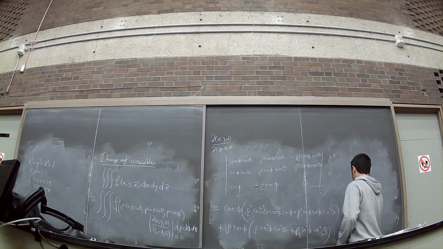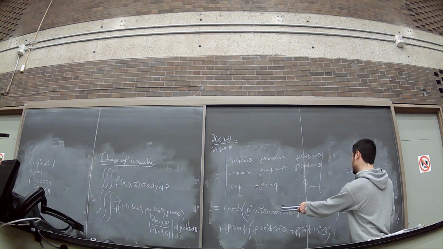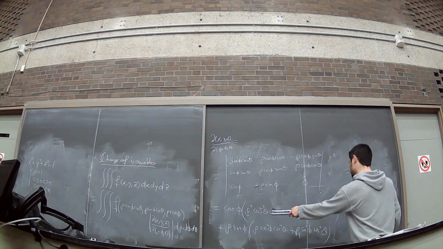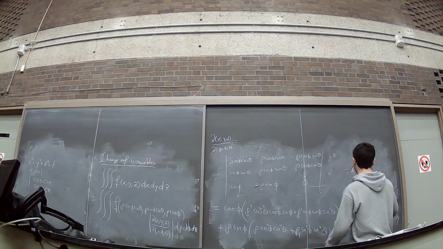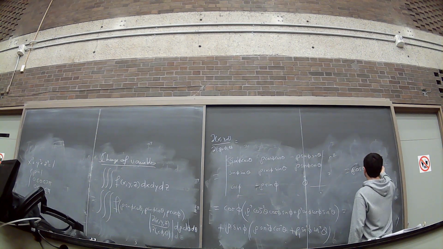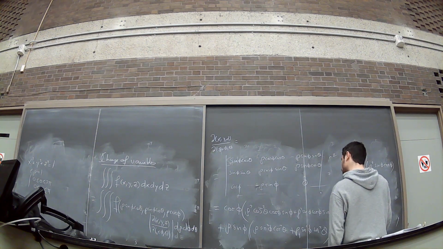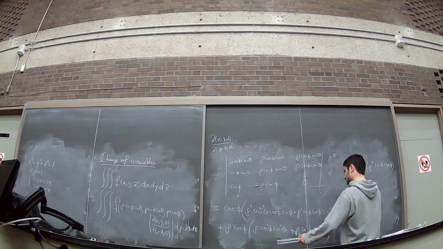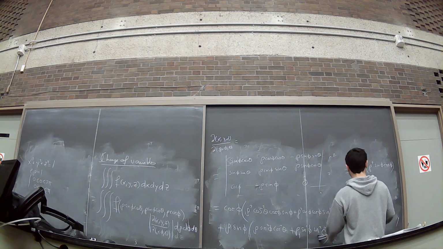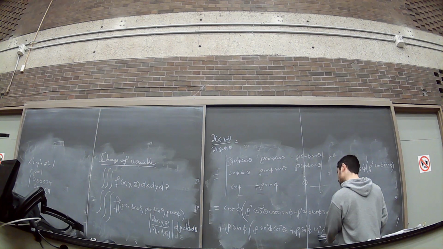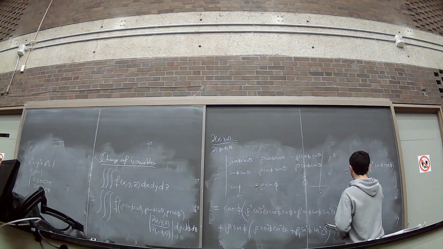So I have cos phi times rho squared sin phi cos phi cos squared theta, plus rho squared sin phi, plus rho sin phi.